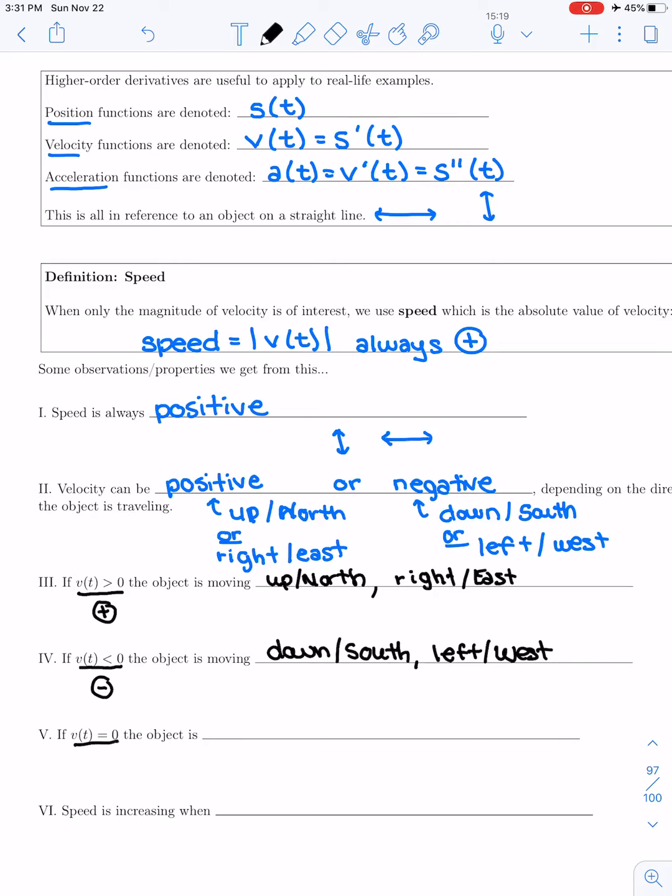And then if your velocity is 0, thinking back to sign charts, then you're just not moving. You're stationary. Which could be where the object is literally stopped, or it could be at the top or bottom of a soft peak. There was a derivative of 0, because remember that velocity is the derivative of position being 0.